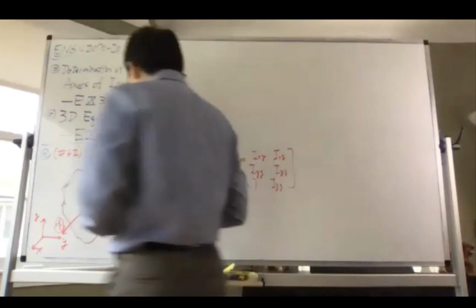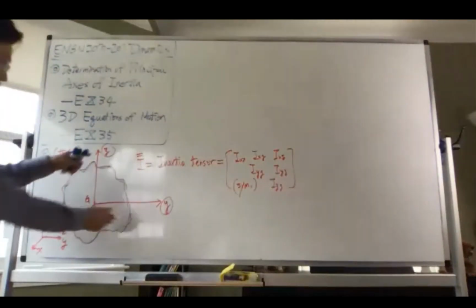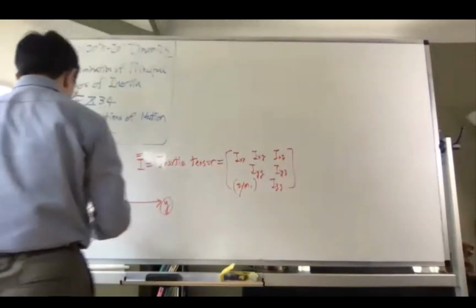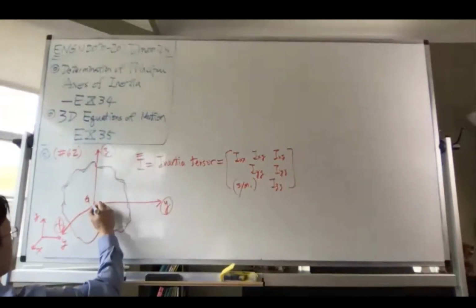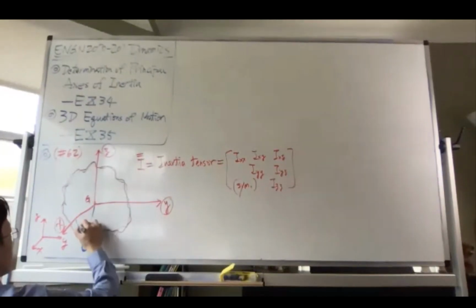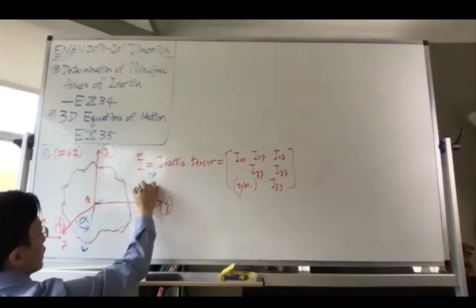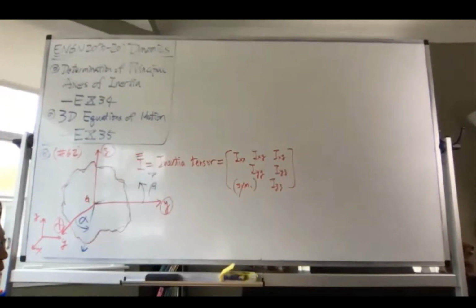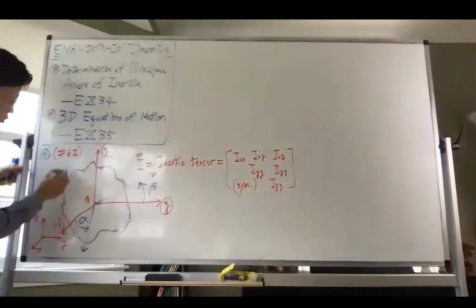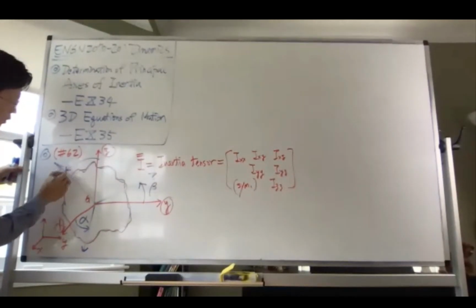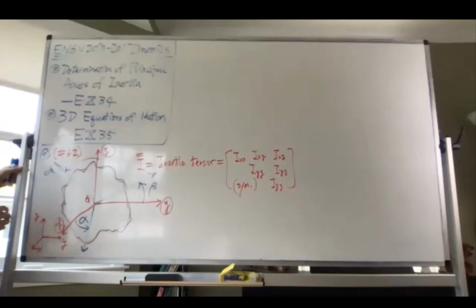However, one could imagine that if I rotate the axis to certain angles, suppose I rotate the x-axis by this angle alpha, and the y-axis by angle beta, and the z-axis by angle gamma.